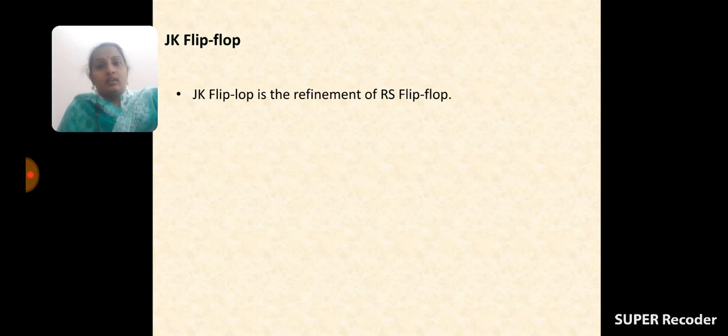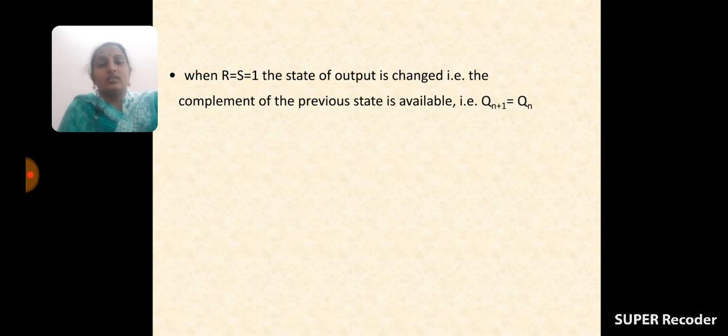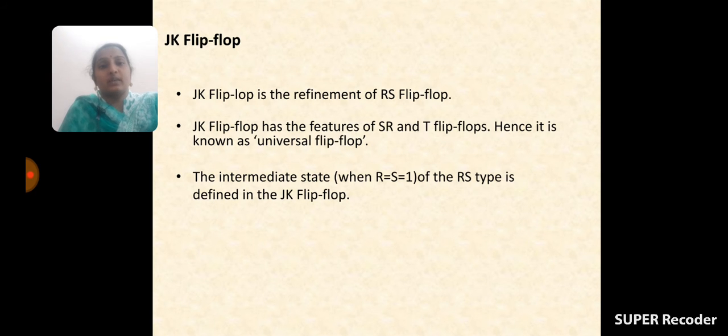Coming to the next one, that is called JK flip-flop. What is the name of our next flip-flop? JK flip-flop. The JK flip-flop is made from the refinement of RS flip-flop. And why are we designing JK flip-flop? Of course RS flip-flop is there, but RS flip-flop has one drawback.